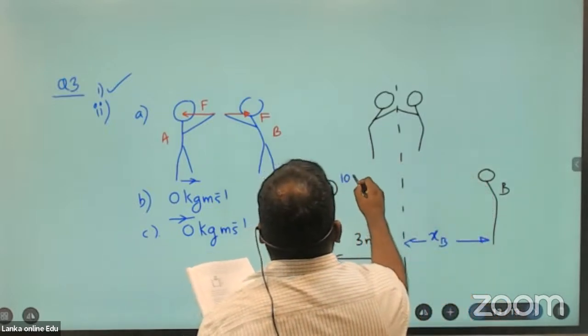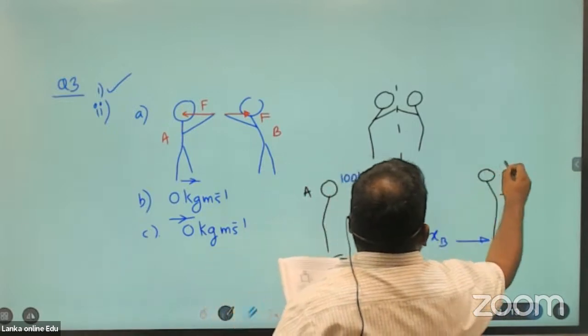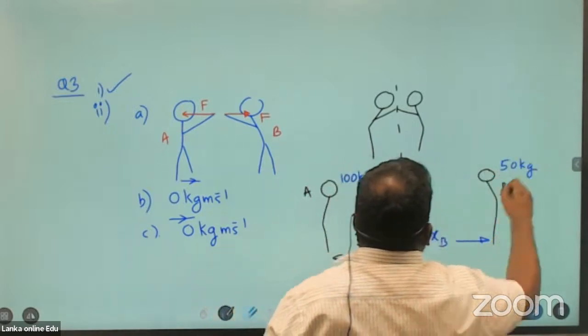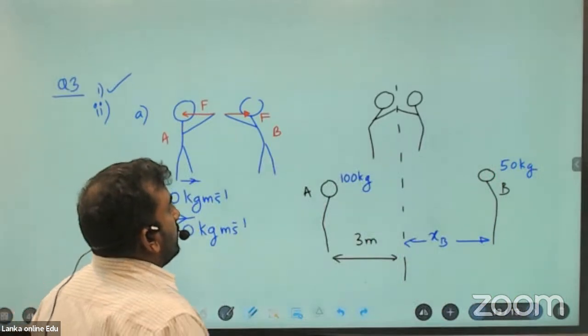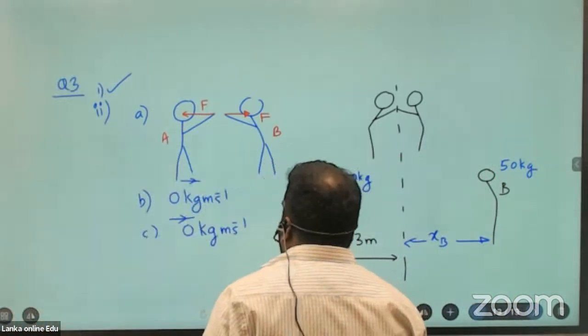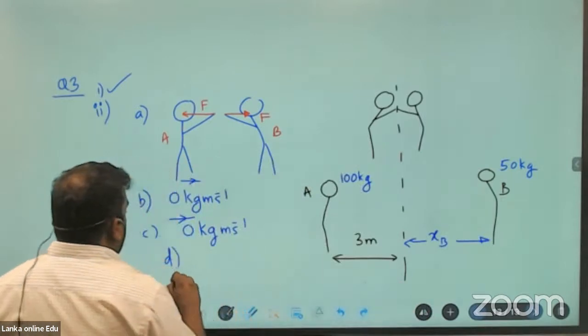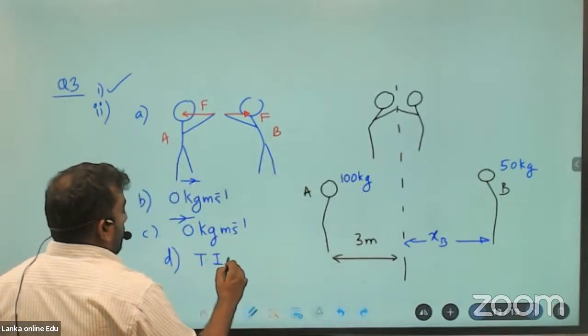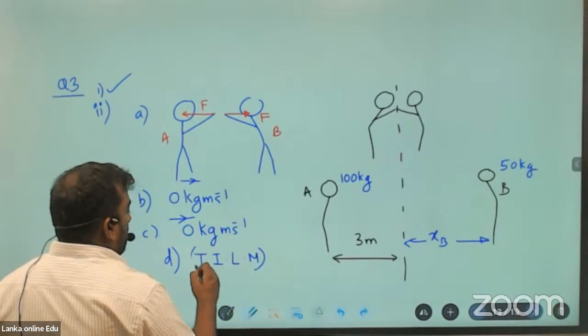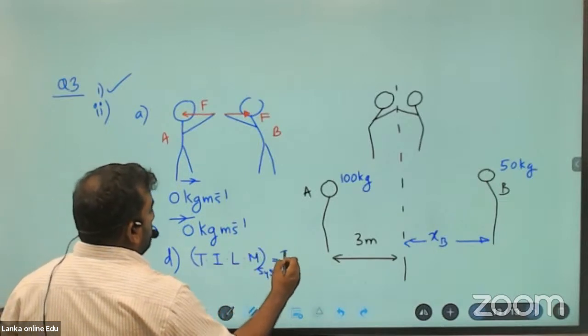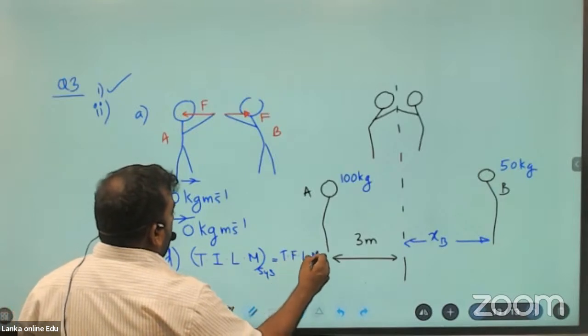A is 100 kilograms. B is 50 kilograms. There you go. Right. Now carefully work. Total initial linear momentum equals total final linear momentum. You have to explain this in words at least once. Total initial linear momentum of the system equals total final linear momentum of the system.